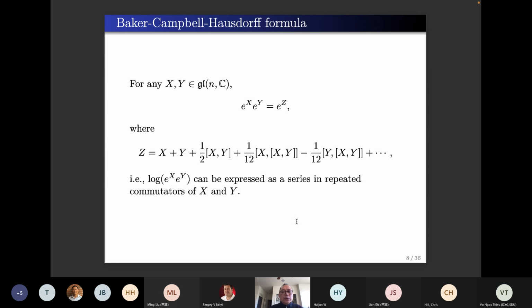All right, so the next slide is to show a very famous formula, the Baker-Campbell-Hausdorff formula. e^X e^Y is e^Z, right? Where Z is in this form. There is a pattern, but the pattern is complicated, in terms of an infinite series and an infinite number of brackets.